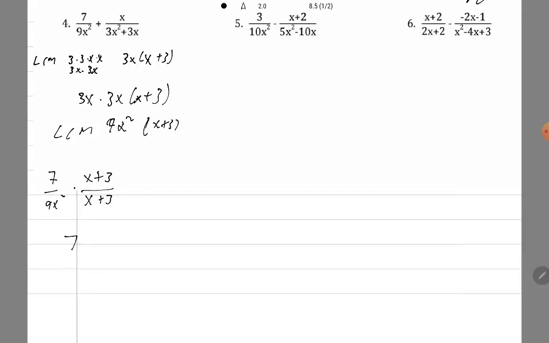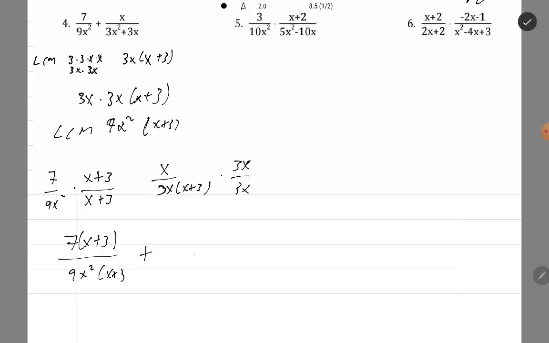This is going to become 7 times x plus 3 over 9x squared, x plus 3, and then we're adding, so the x over 3x times x plus 3, all that's missing is a 3x. So I'm going to get 3x squared over 9x squared, x plus 3. Okay, now we're just going to add.